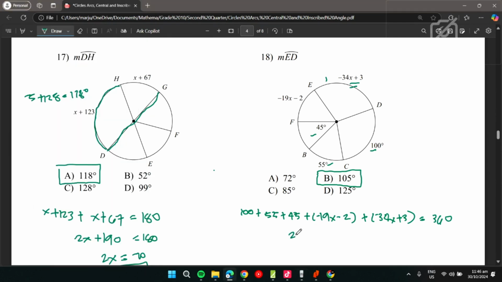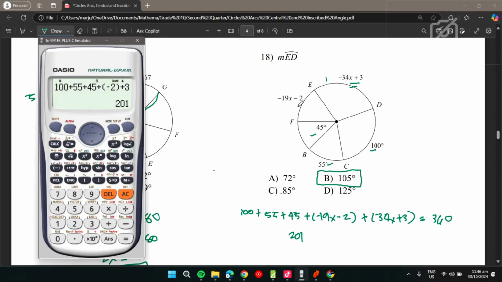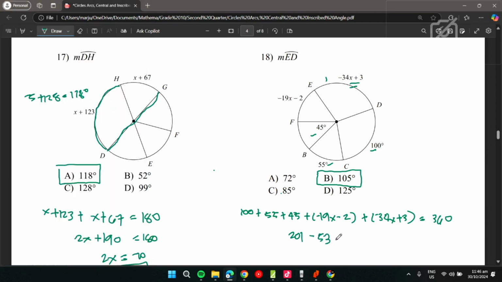So everything is 201. And then again, what about my excess? What's my excess? My excess will be negative 19, and then I have negative 34. So that is just 19 plus 34, which gives me 53. So I have negative 53x equals 360.